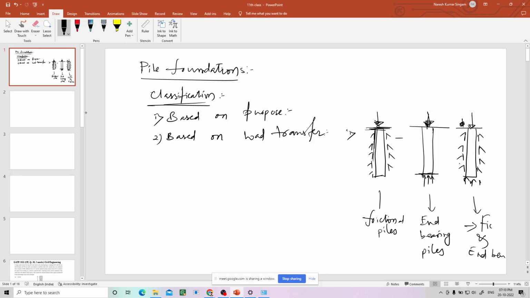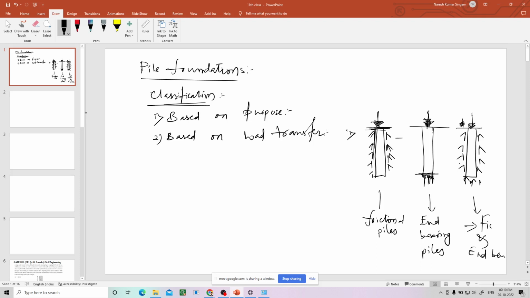So now tell me, as the load is downward, the resistance will be upward to compensate. Here also, the load is downward, that's why the resistance is in the upward direction. Here also same.